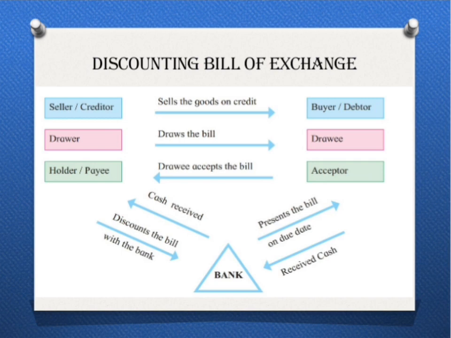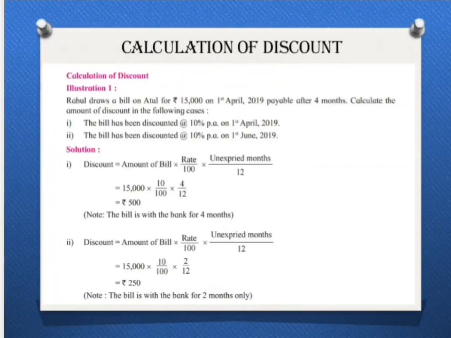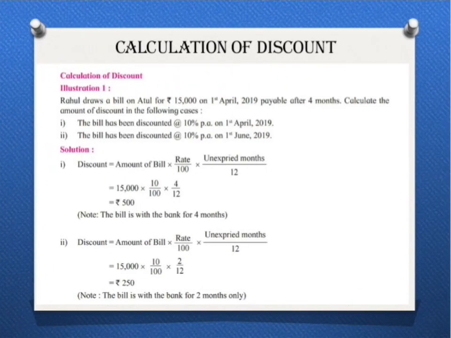He discounts the bill with the bank and receives the amount on the same date. Now the drawee presents the bill on due date and the bank receives the cash. All of you understood? Then the bank charges some amount of discount. So we will see the calculation of discount.